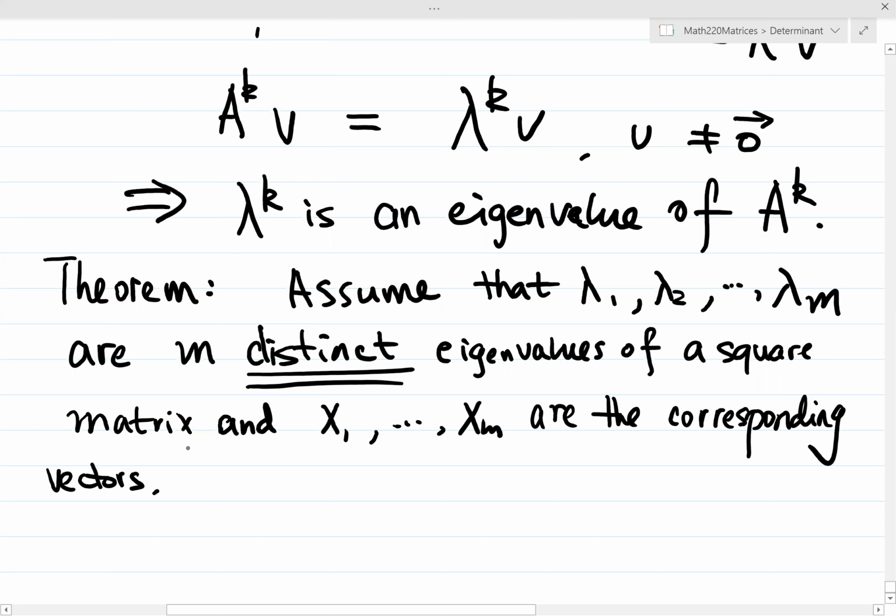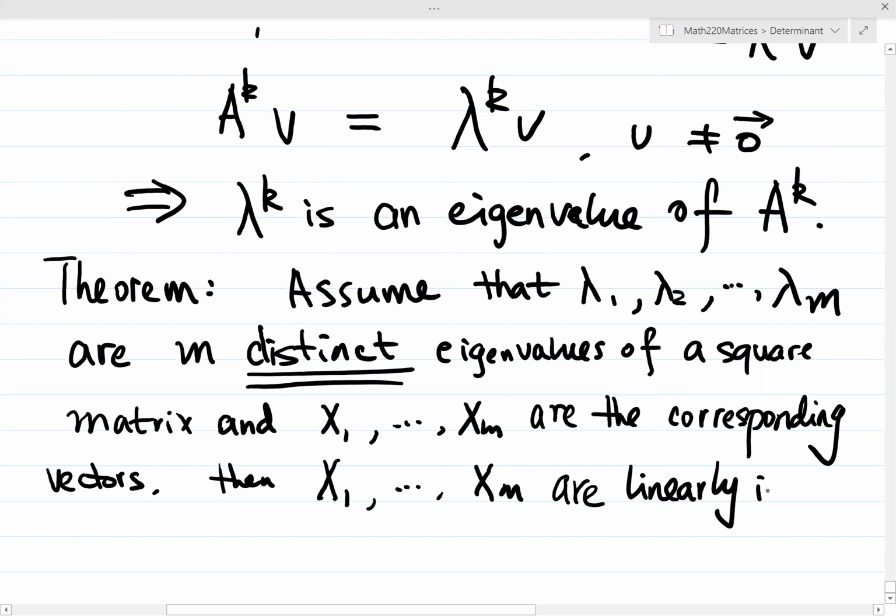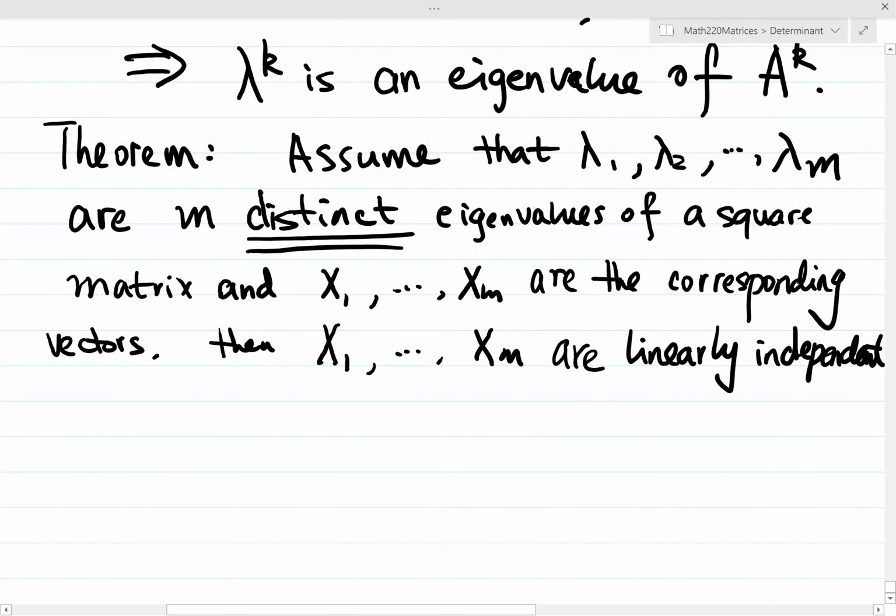The conclusion is that the m vectors corresponding to distinct eigenvalues are linearly independent. Okay, so eigenvectors for distinct eigenvalues try to span as large a space as possible.